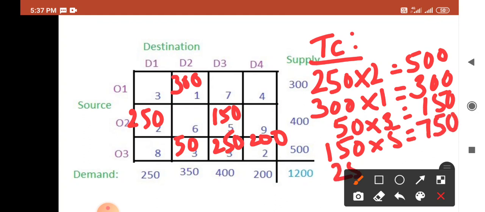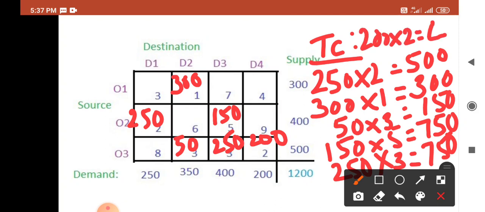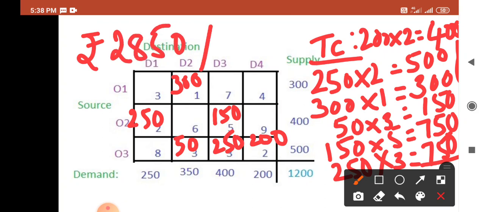Then 250 into 3 is equal to 750. Then 200 into 2 is equal to 400. We add all these, and the total transportation cost is 2850.